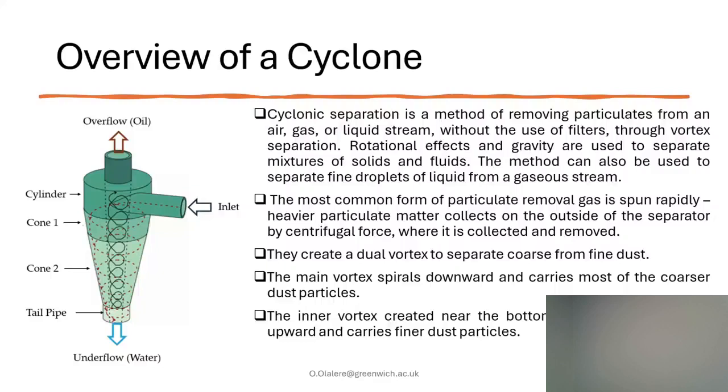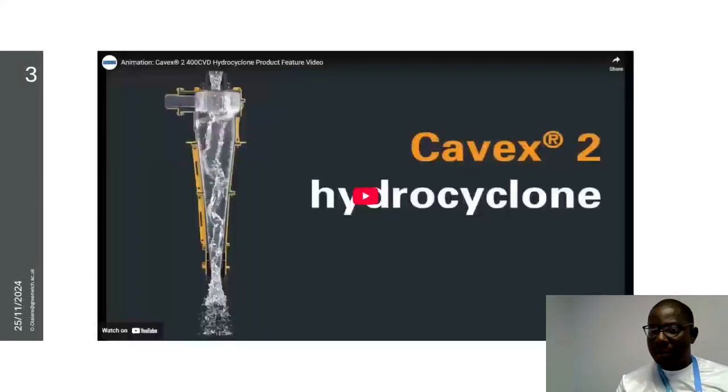Then the inner vortex created near the bottom of the cyclone spirals upward and carries fine dust up like this. So it carries the fine dust up like this. So that is just the working principle. Let's look at this.